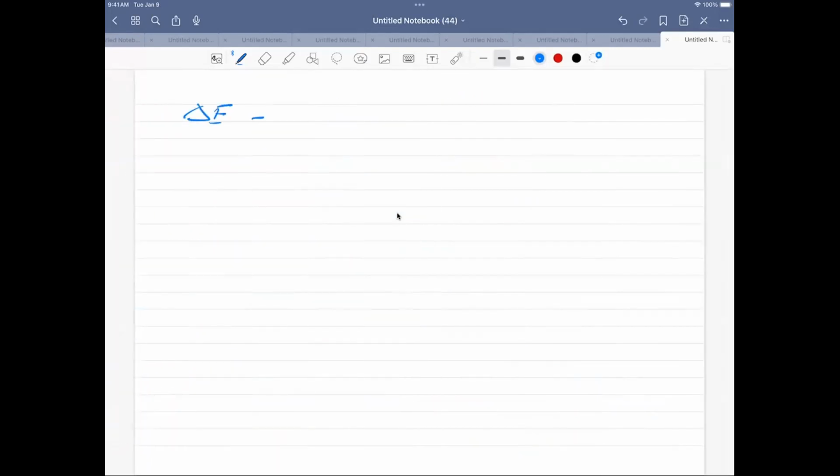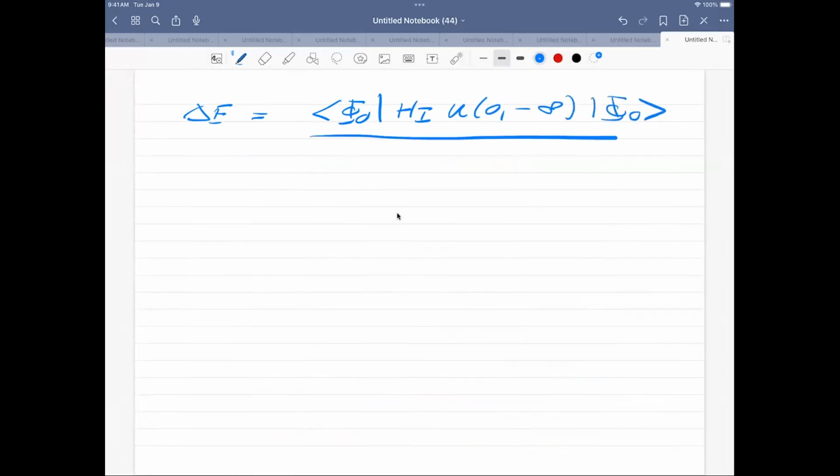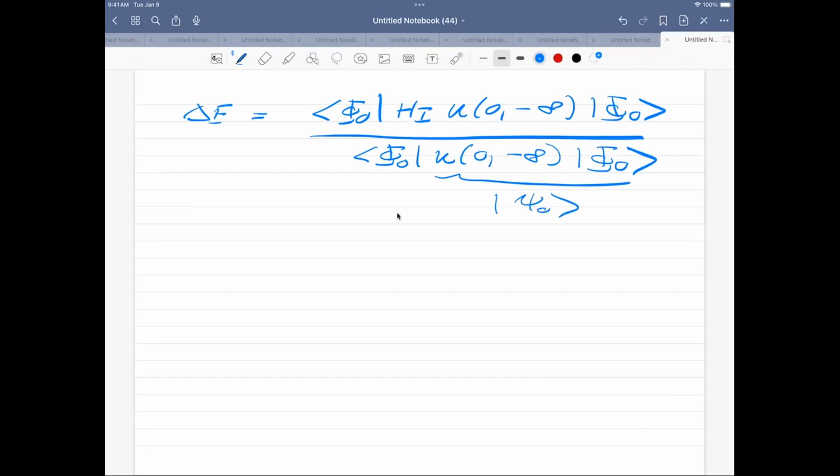What we're getting is phi 0, and then I have h of I multiplied with u of 0 to minus infinity, and then my phi 0, and then phi 0 of u of 0 minus infinity multiplied with phi 0. And this last term, which you have here, is actually my correlated wave function psi 0.